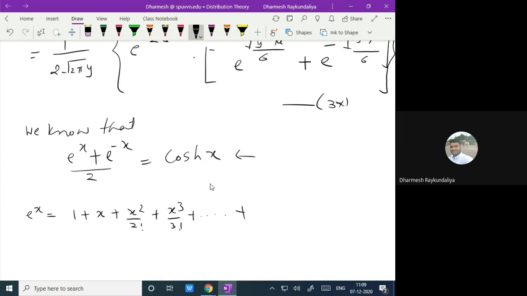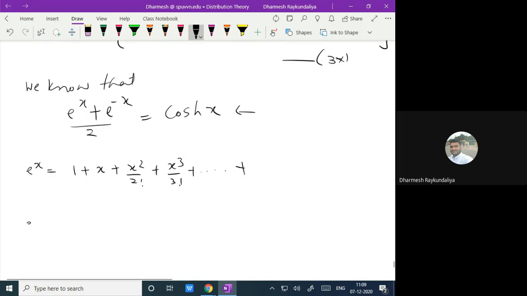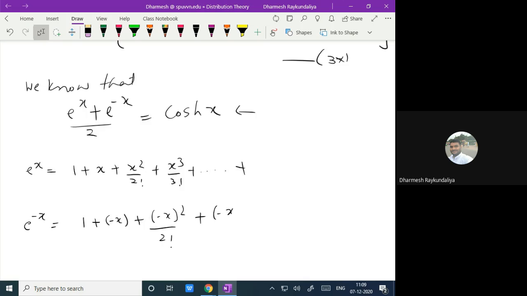And here e raised to minus x is equal to 1 minus x plus (minus x) whole square upon 2 factorial plus (minus x) cube upon 3 factorial, likewise.